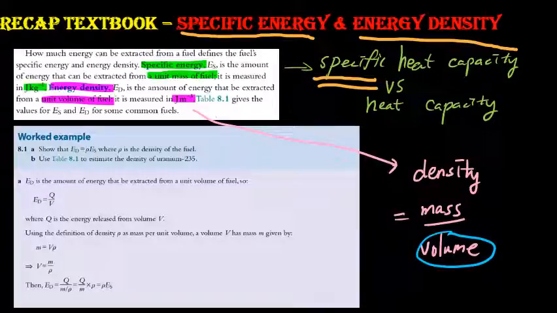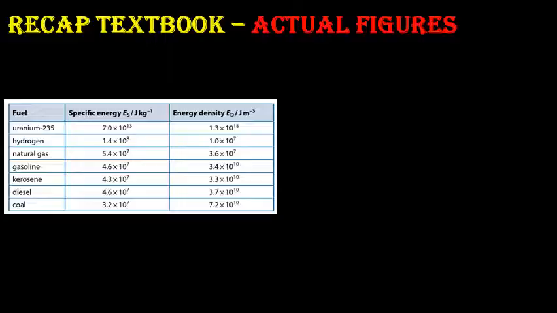While energy density is very obvious, it can be referred to density itself, mass over volume. So how much per volume you have. That's why you divide by volume for energy. And also you may have a look at the worked example here to look at how you can mathematically express these two.